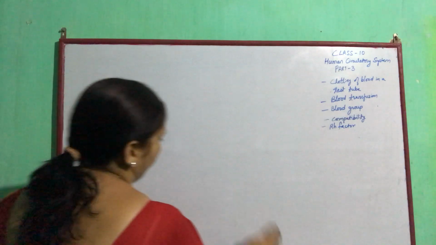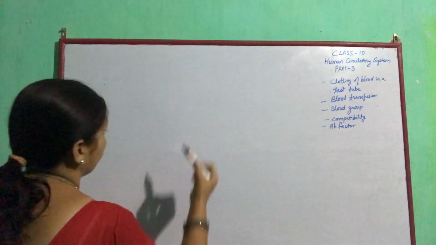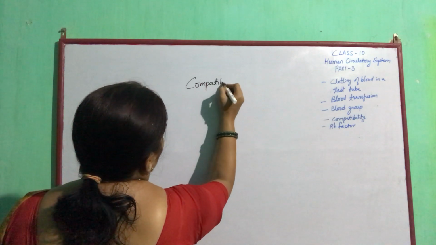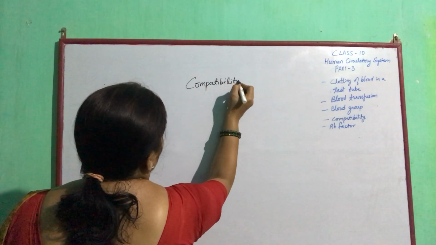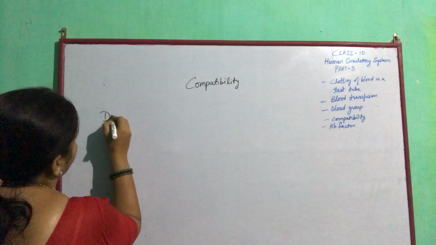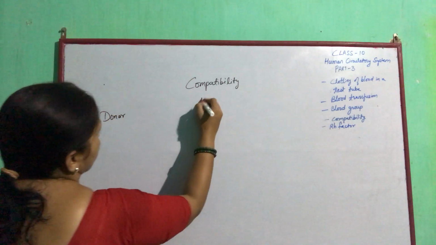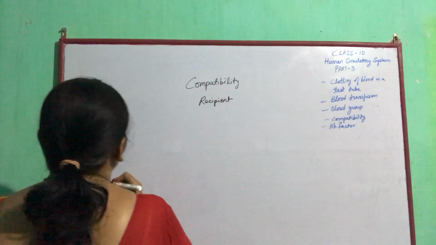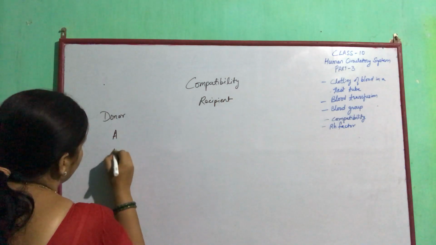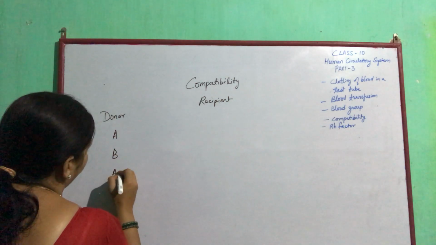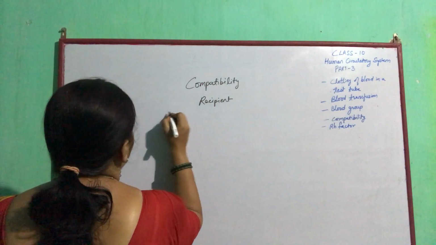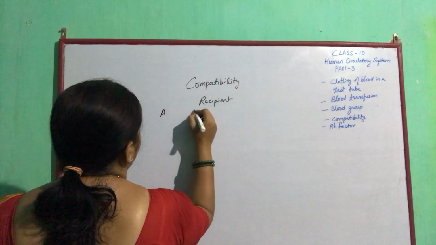Next term is compatibility, donor or recipient groups. All the 4 blood groups I'm writing here, for the recipients also.